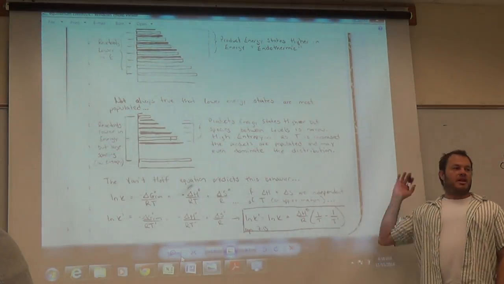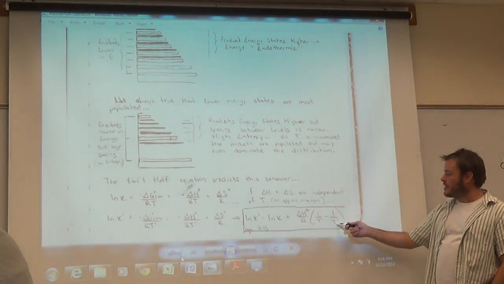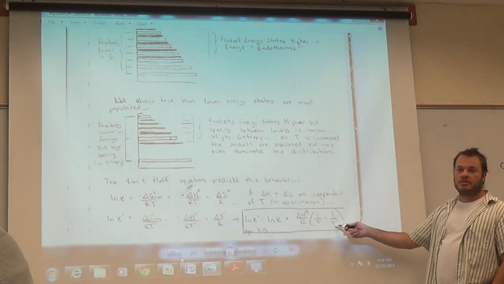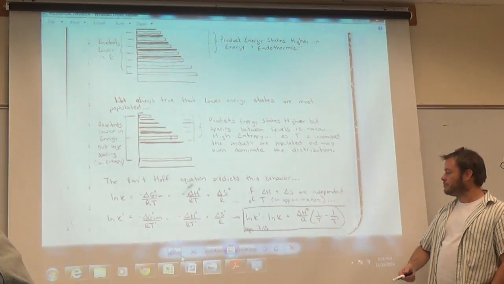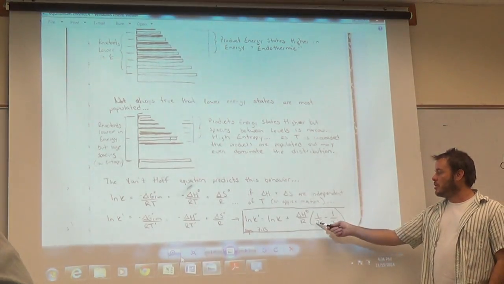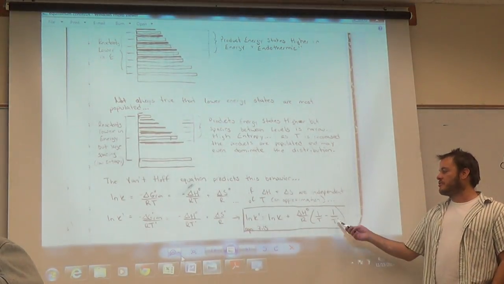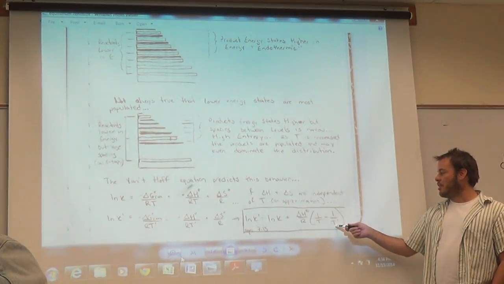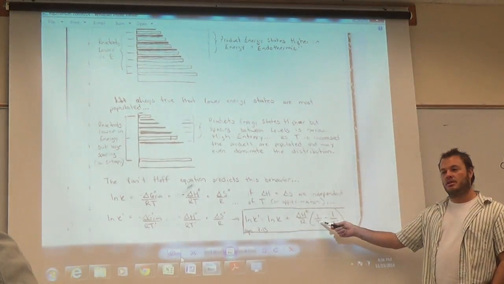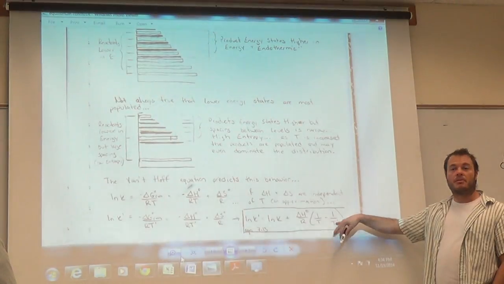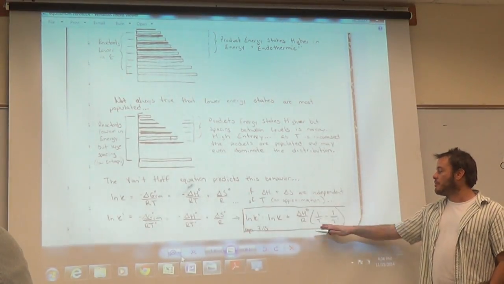And so this just predicts the same stuff we just talked about. You got T prime down here. If this is an increase in temperature, then this whole term is positive, right? If 1 over T prime is smaller than 1 over T, meaning that T prime is greater than T, then this whole term is positive.